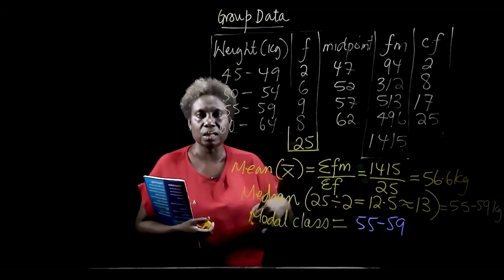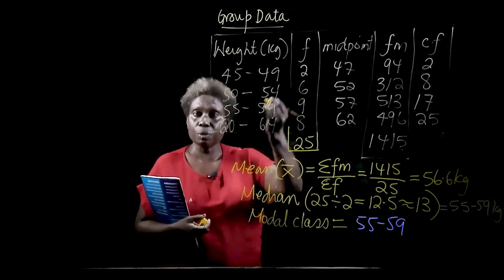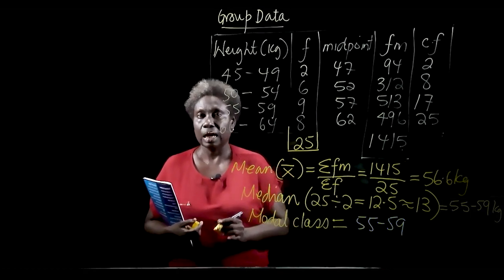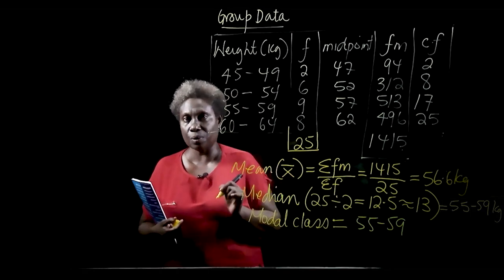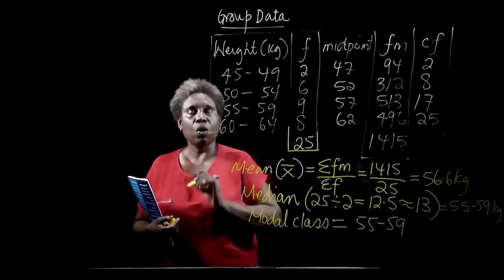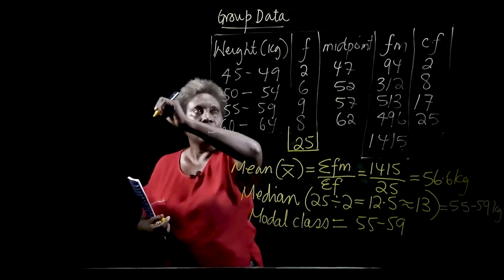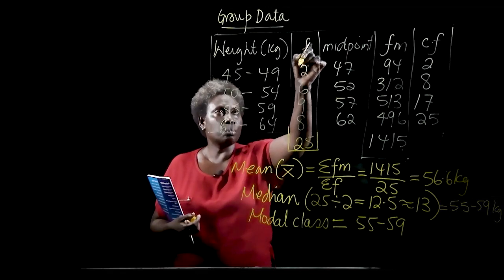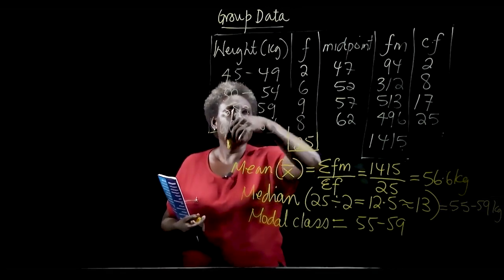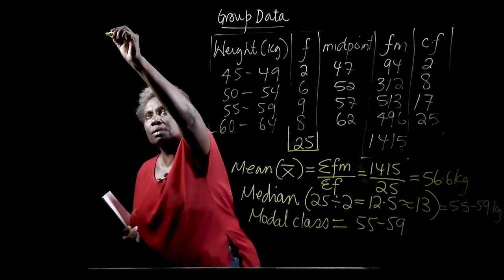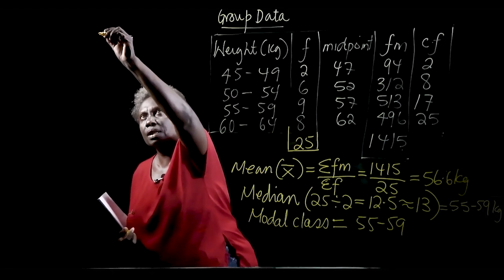We can represent this on a graph. We'll use a histogram, because a histogram is used for group data. On the vertical axis will be the frequencies. So we have our graph here.